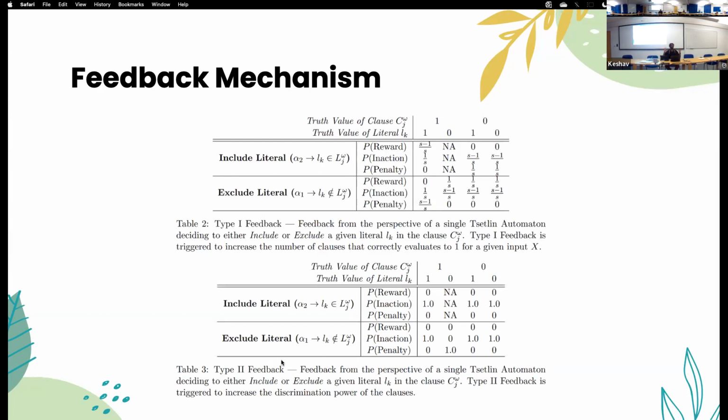Feedback system 2 is for when your model is already doing so well that we're not necessarily sure we're not at some sort of local maximum for accuracy. What if instead we try to remove as many of our literals as possible from a clause, to see how much we can pare down without sacrificing accuracy?